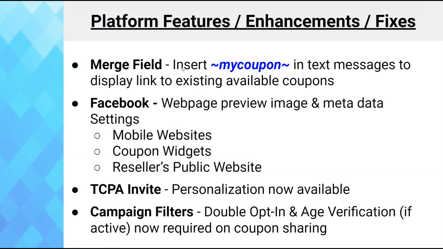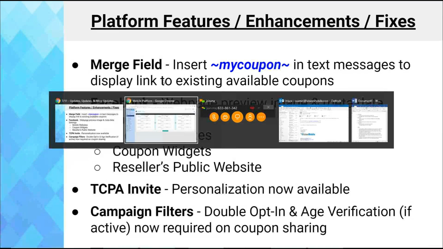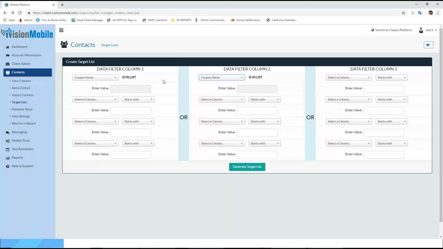We've also added a new merge field, and this goes hand in hand with that target list feature. Basically, if you insert ~mycoupon in a text message, it will display a link that takes you right to your available coupons. We're setting up a reminder to let somebody know that they have a coupon that's expiring, but how do you link directly to that coupon?